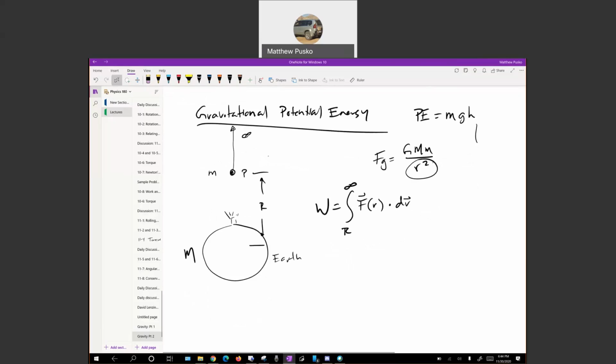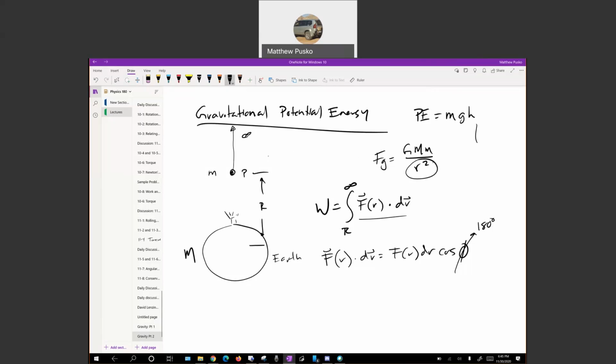If you remember, we can say that F dotted into dr is equal to F of r times dr, or we can just simplify the dot product as the cosine of the angle between them, phi. In this case, phi is equal to 180 degrees.